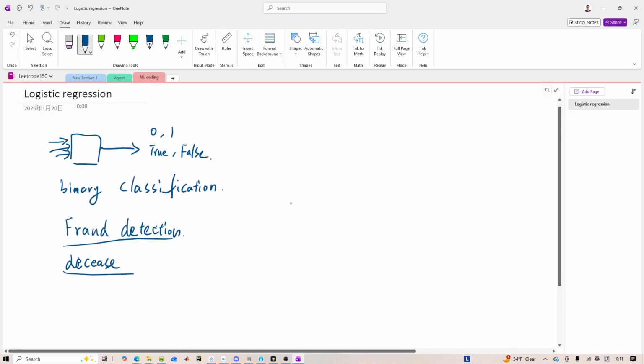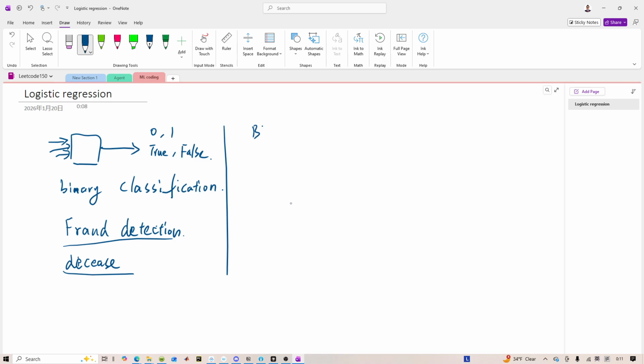And this algorithm itself is trying to minimize the so-called binary cross entropy.